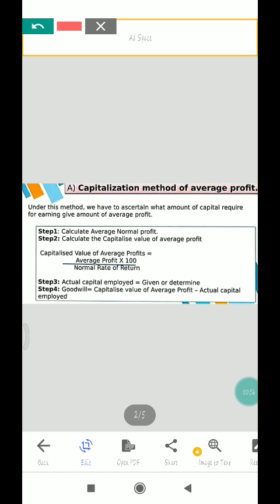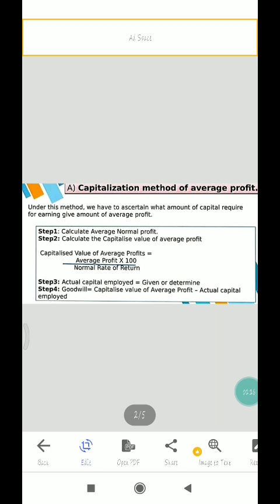Capitalization of average profit method. Under this method, we have to ascertain what amount of capital is required for earning a given amount of average profit.